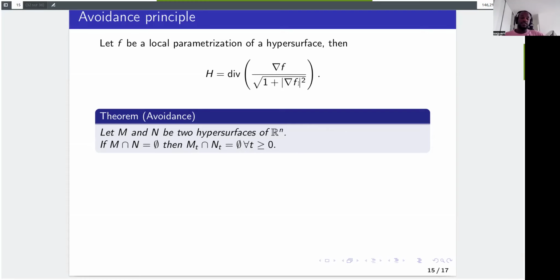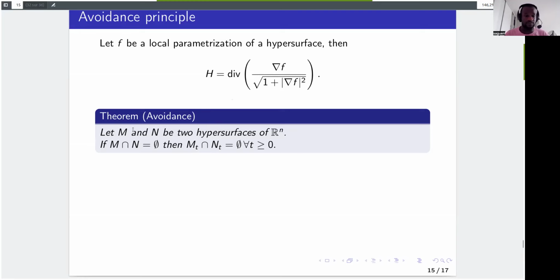This is what makes the equation quasi-parabolic and not parabolic. And we see that if the gradient is very small, this will look like a Laplacian, and this is the idea behind the avoidance principle that we see here.